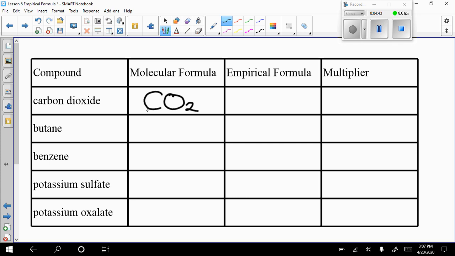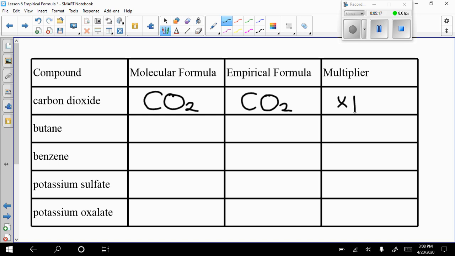So you may say, what does that mean in this case? Because in this case, there's 1 carbon and 2 oxygens. And so in this particular example, CO2 is also the simplest formula, or the empirical formula, because that is the smallest whole number ratio. And so the multiplier, in other words, how you would go from the empirical formula to the molecular formula, is you would multiply all of your subscripts by 1.